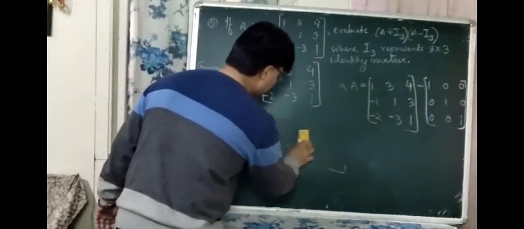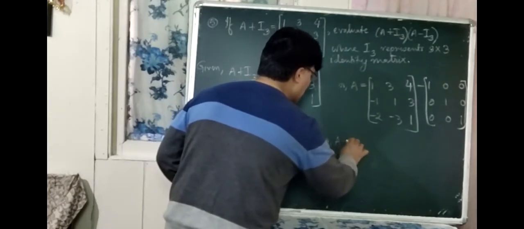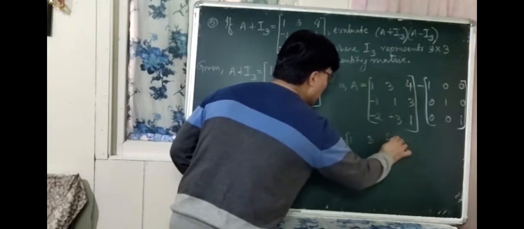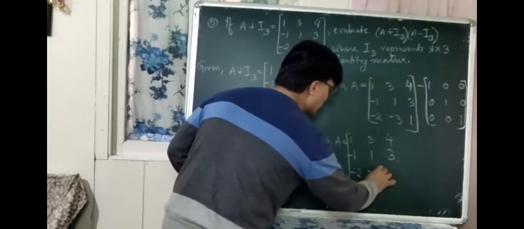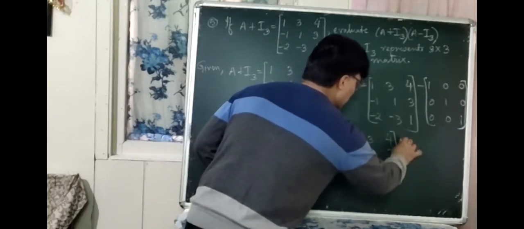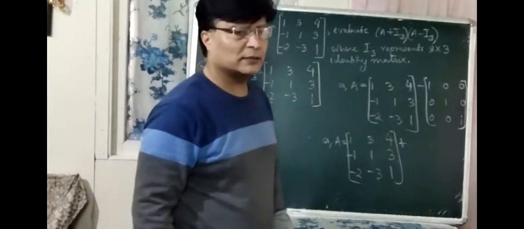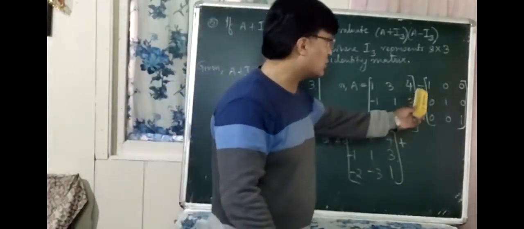Is that clear now? So now let us find out the matrix A. A is equal to, first row 1, 3, 4, second row -1, 1, 3, third row -2, -3, 1. Let us make it plus. Now you know that the sign is actually -1, so -1 is the scalar multiplication of this matrix.